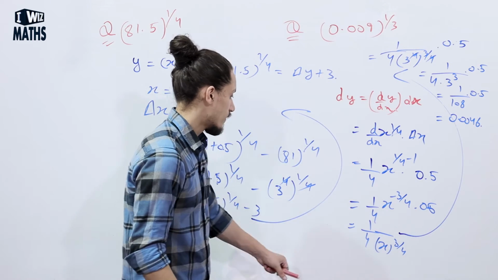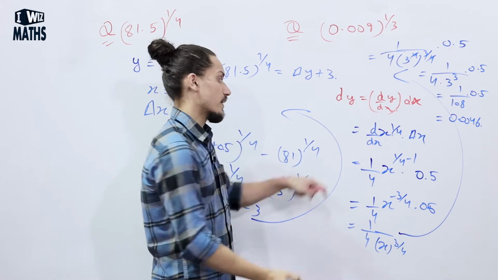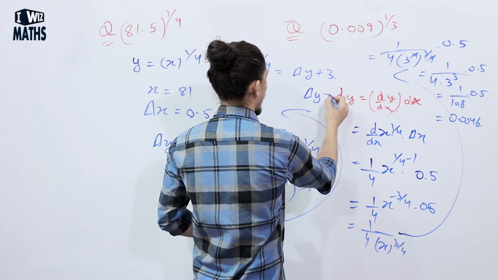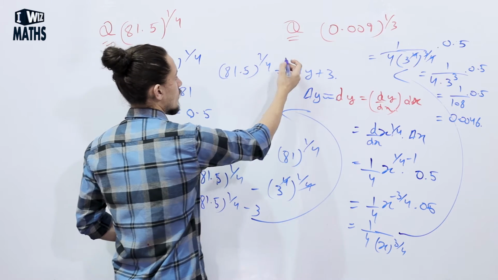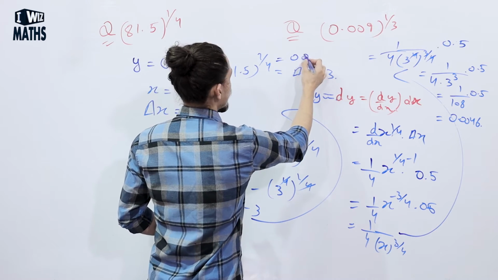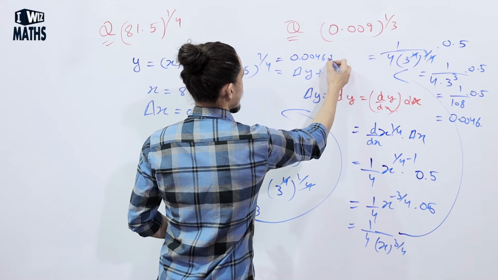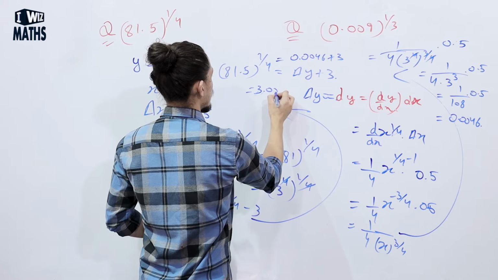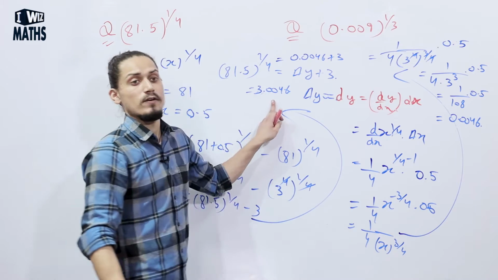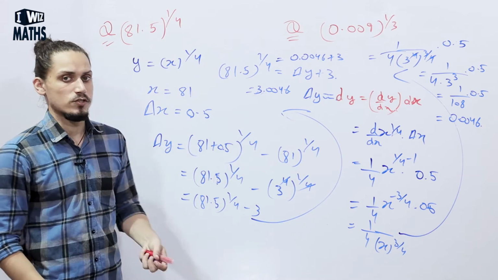So we have the value of dy which is approximately equal to delta y. So I can write it as 81.5 raised to power 1 by 4 is equal to 0.0046 plus 3, which is equal to 3.0046, which is the approximate value of 81.5 raised to power 1 by 4.